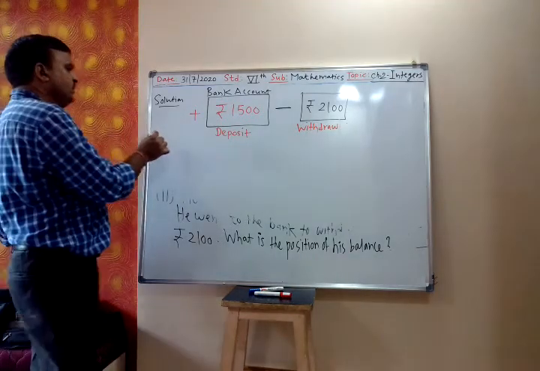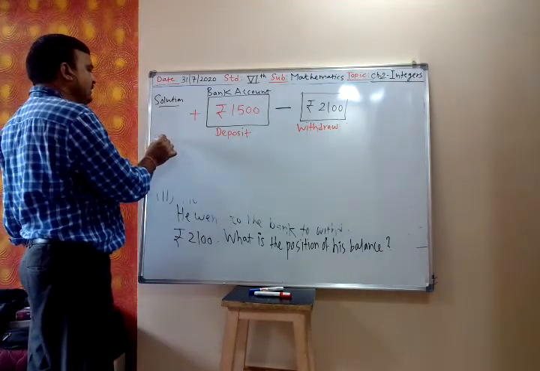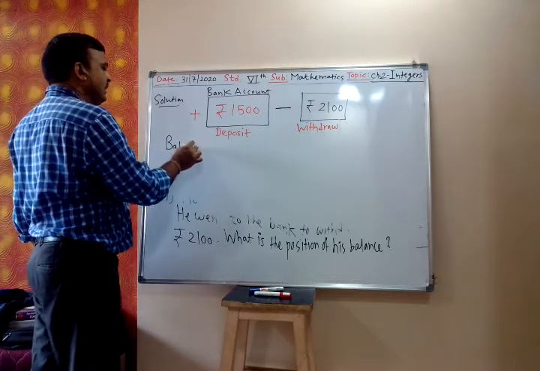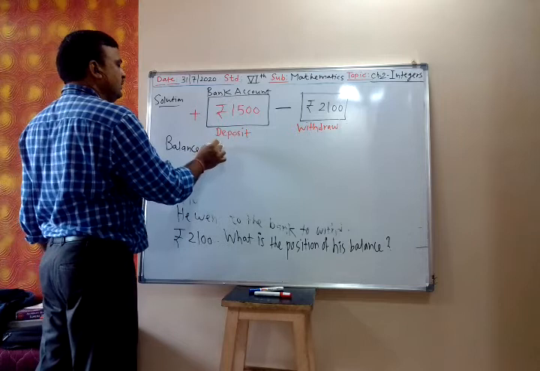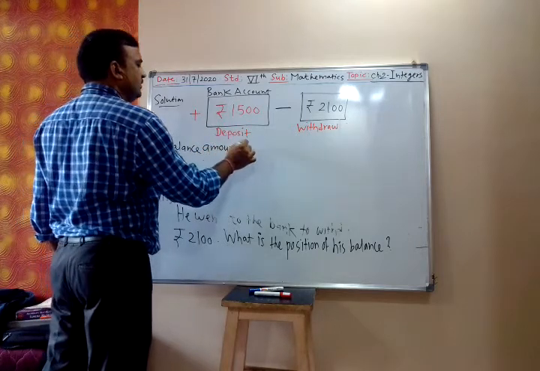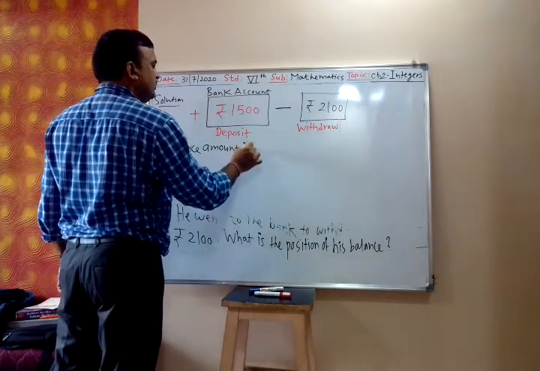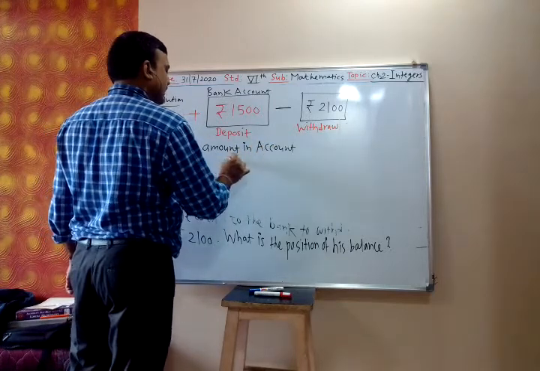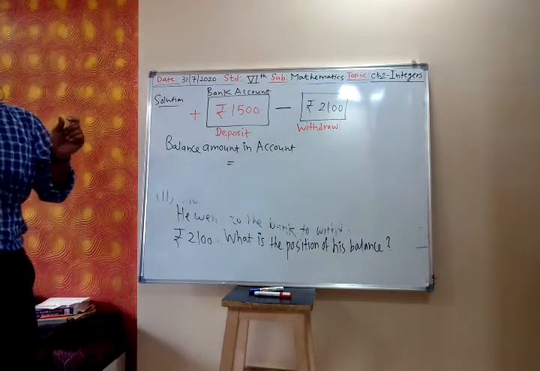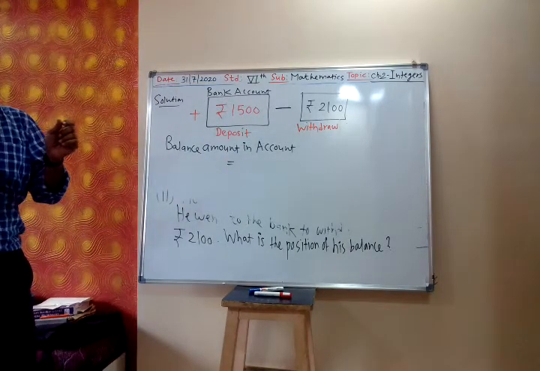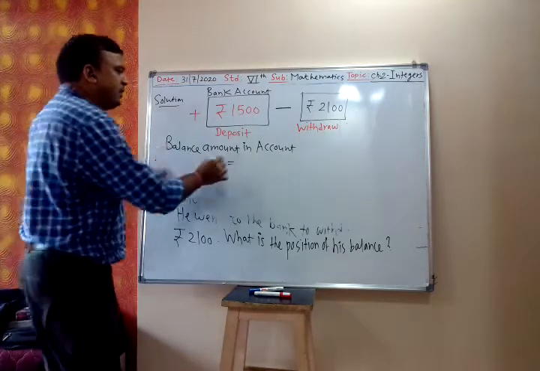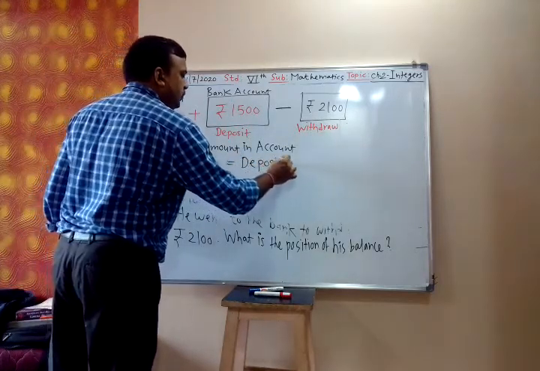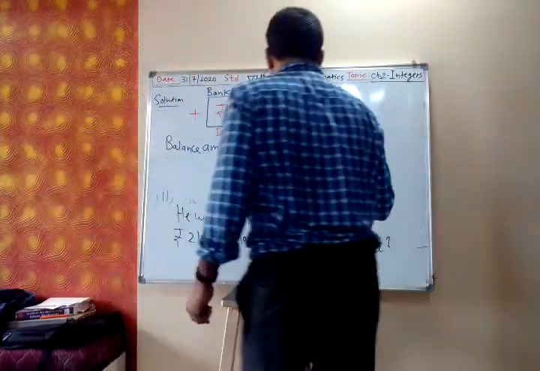Write down the balance amount in the account. The balance amount will be deposit minus withdraw.